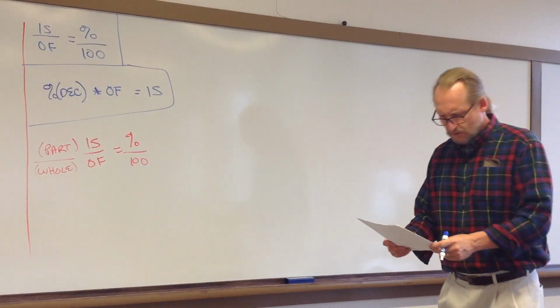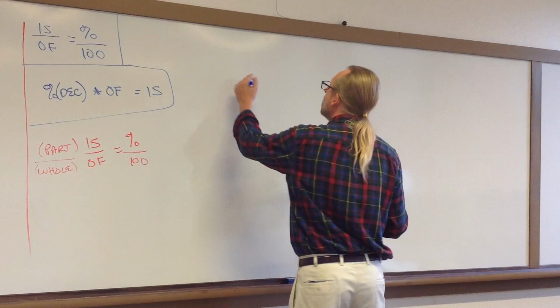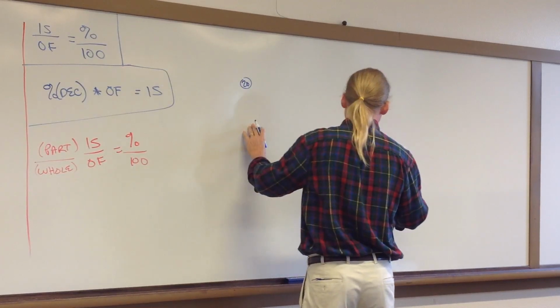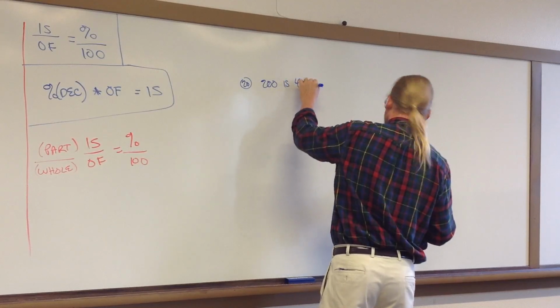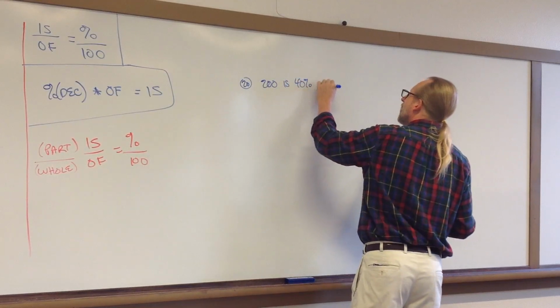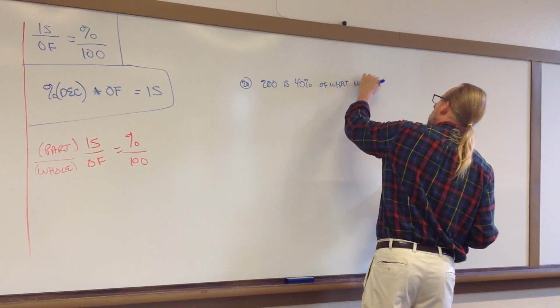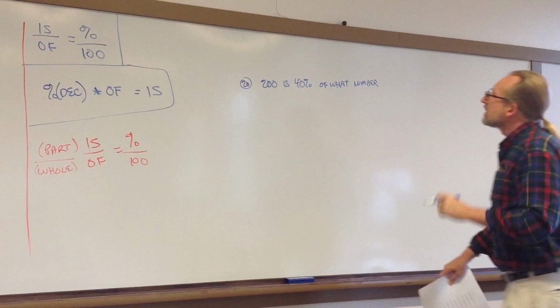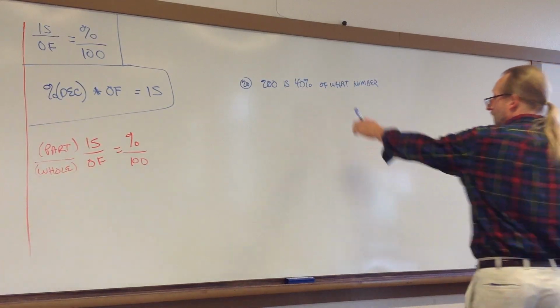Let's do problem 20. Problem 20 says 200 is 40% of what number? Okay, well let's see here. Of what number?